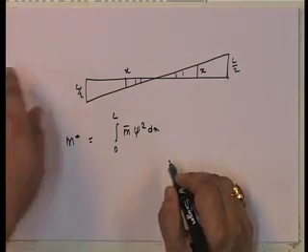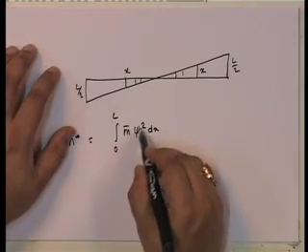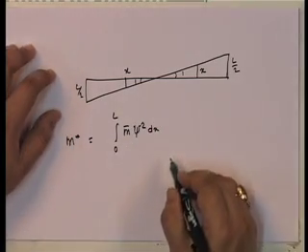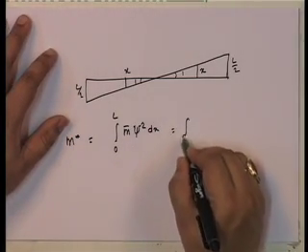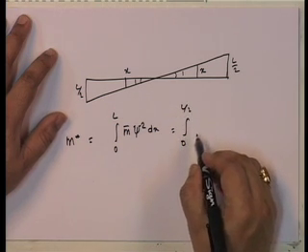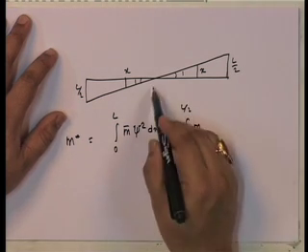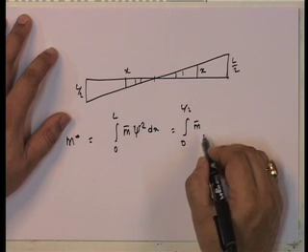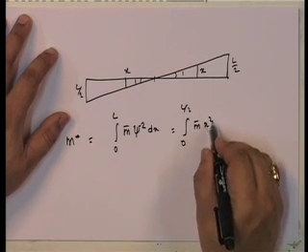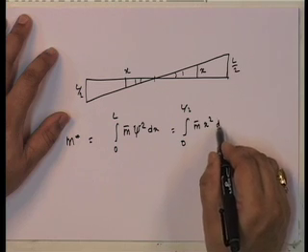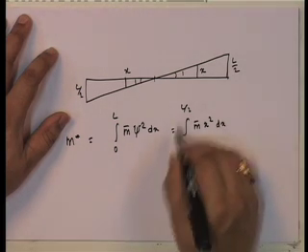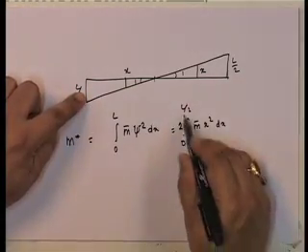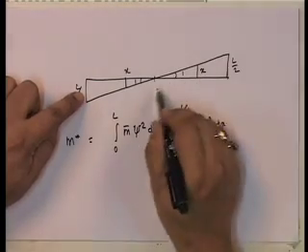Now, note that in this particular case, because xi is a little bit different from here, it is going to be equal to the integral from 0 to L over 2, because x goes from 0 to L by 2 in both directions. So, m bar, xi is x squared dx, and twice of that, because I have m bar x from 0 to L by 2 on both sides.